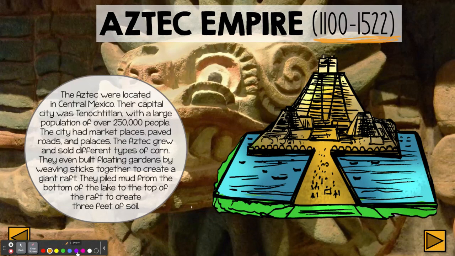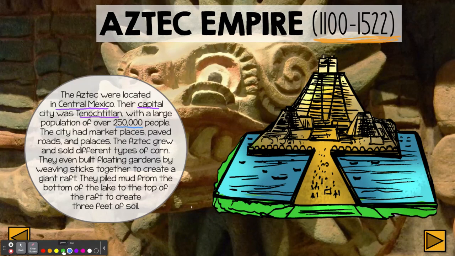The first one being location. Location is that purple. We've already talked about this, but it was located in central Mexico with their capital city being Tenochtitlan. Part of their government also includes their population with 250,000 people.